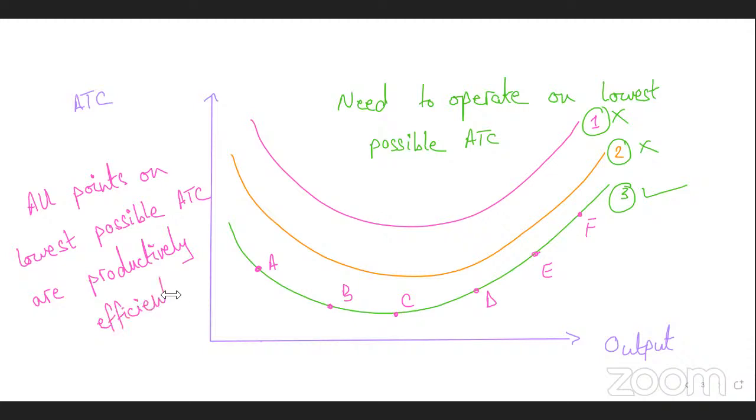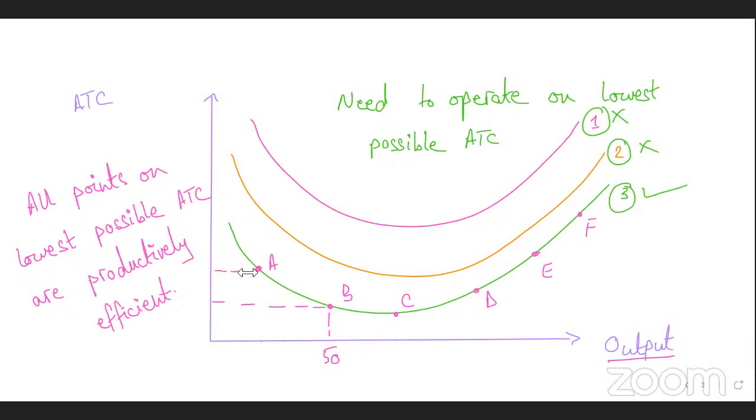So this ATC stands for average total cost. So what we are looking at is how much it costs to produce a typical unit of the good, right? So when we look at this U-shaped ATC curve, on the x-axis, we have output. So it will show that, let's say at an output of 50 units, how much it costs you to produce a typical unit of the good. That's what it's showing us, right?